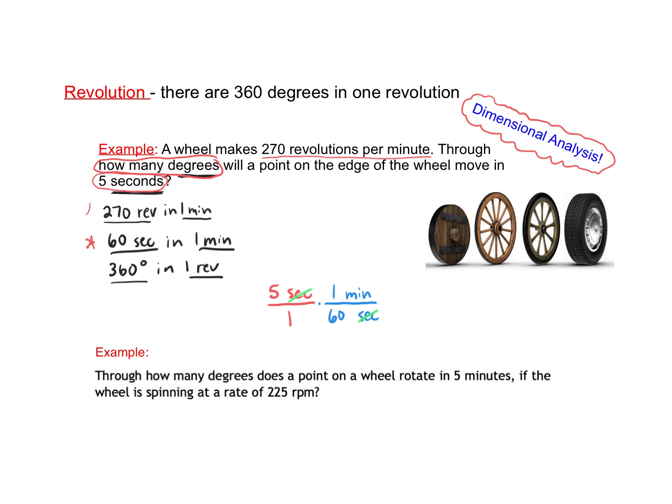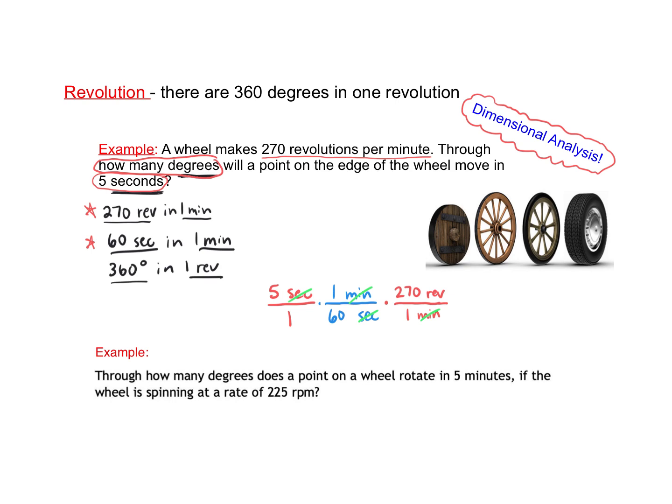This one is 270 revolutions in 1 minute. So now I'm going to change to get rid of my minutes. I'm going to have 1 minute, and then I have 270 revolutions. And so my minutes unit goes away. Currently my units are revolutions, but I don't want revolutions. What I'm looking for are degrees.